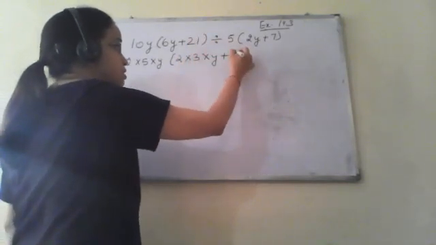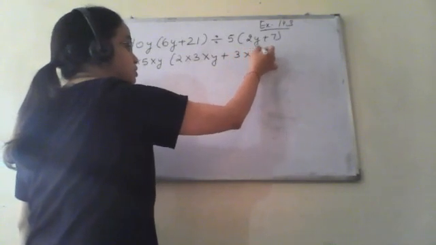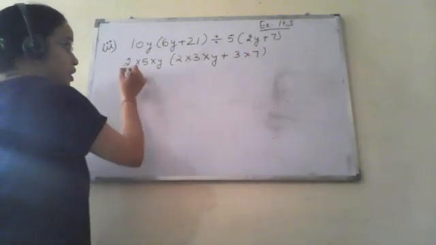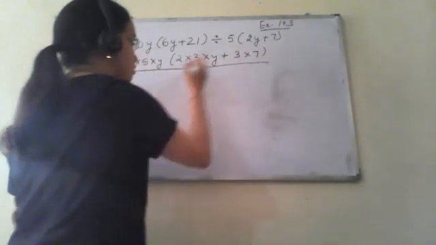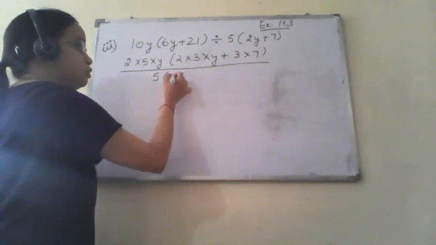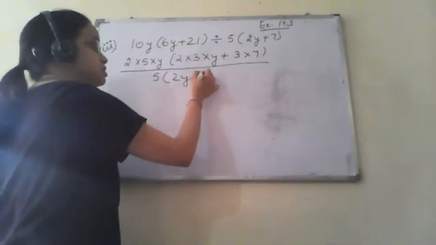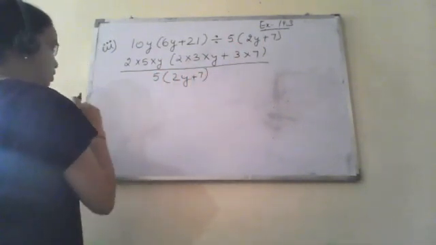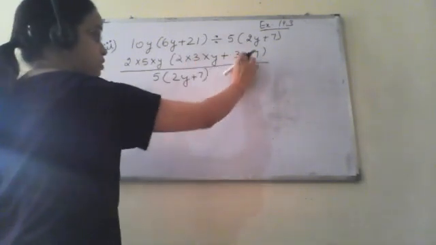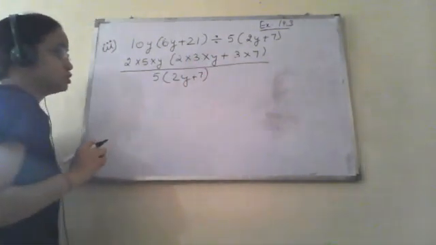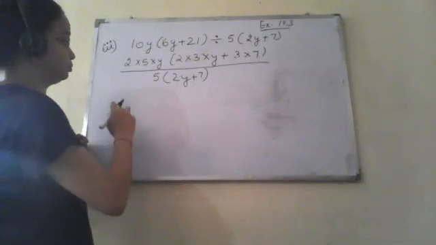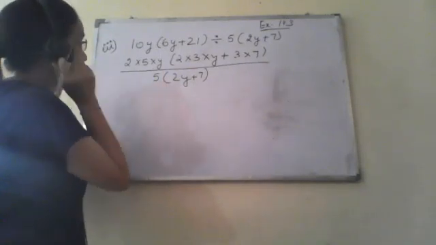This 21 can be written as 3 into 7. Now what is common between these? 3 is common, so we can take 3 outside.